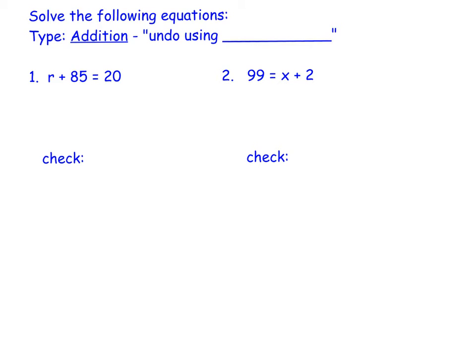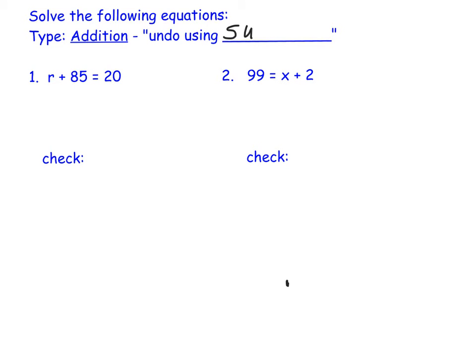Solve the following equations. Type 1, addition. I know this is an addition problem because I have a variable r plus a number 85 equals 20. So when I see an addition problem, I know that I need to undo addition using subtraction.